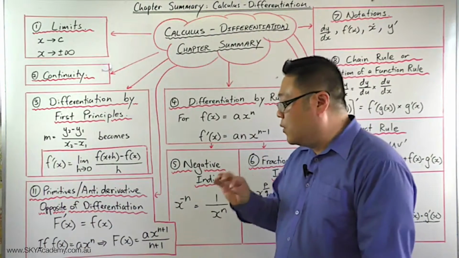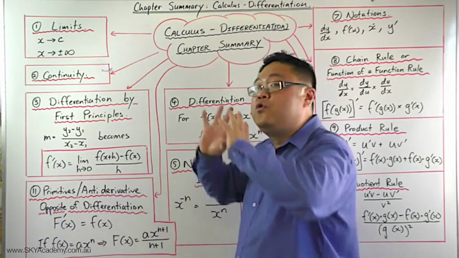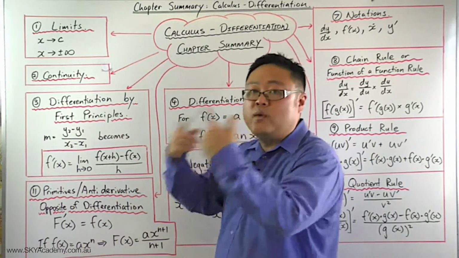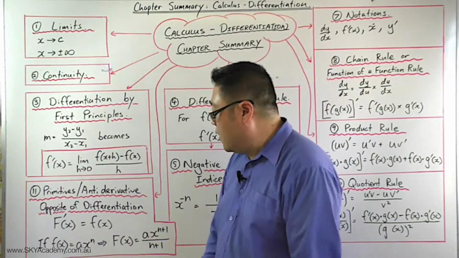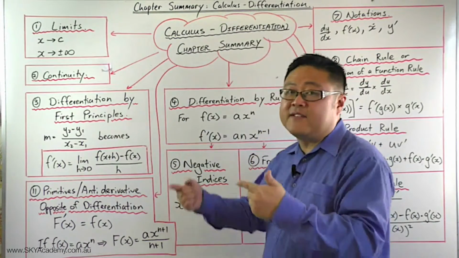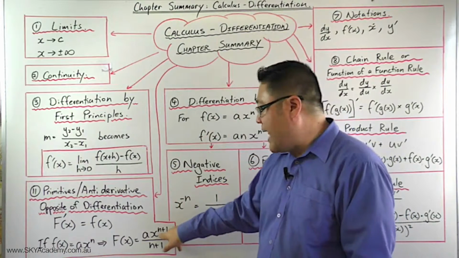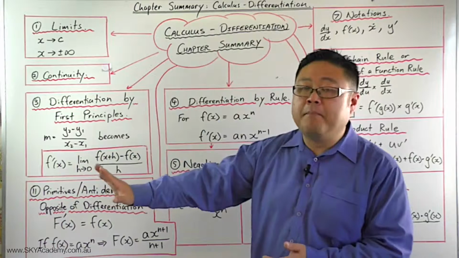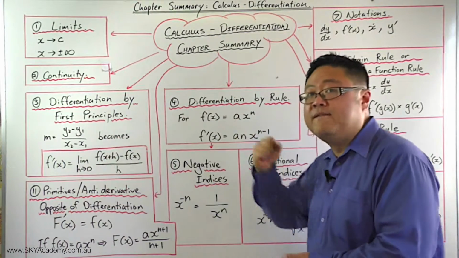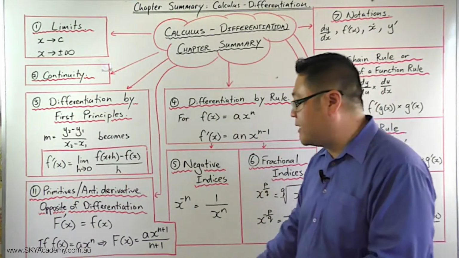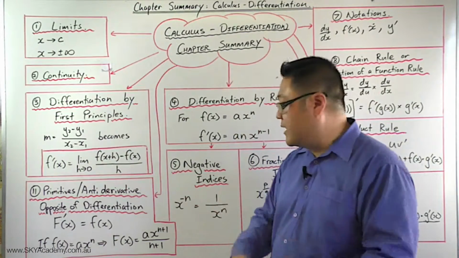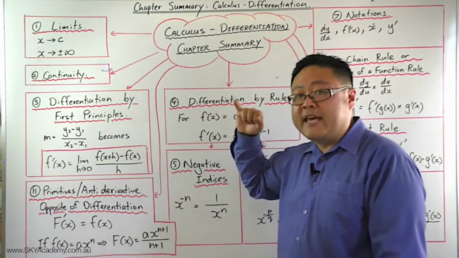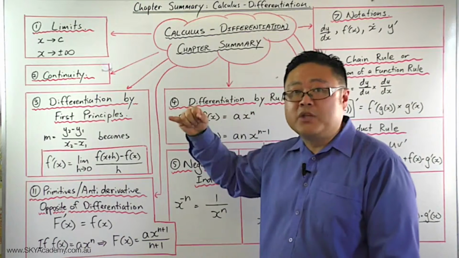Now, when you find the primitive, or when you anti-differentiate a function, instead of taking one off the power, we add one to the power.